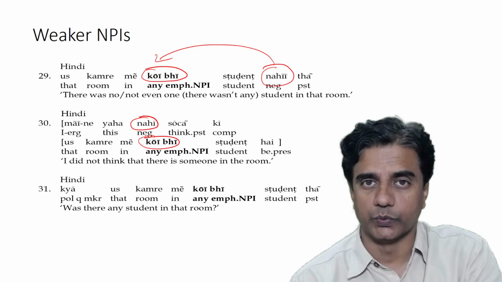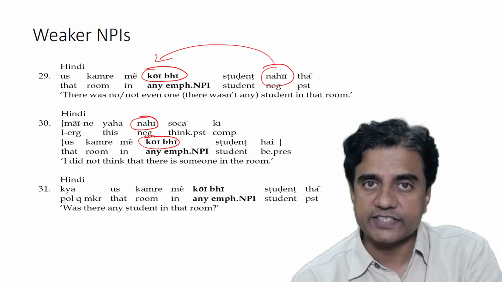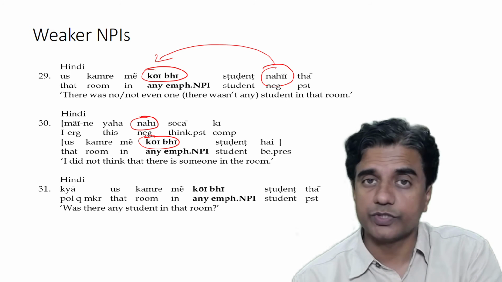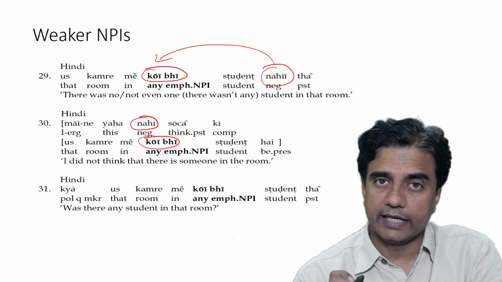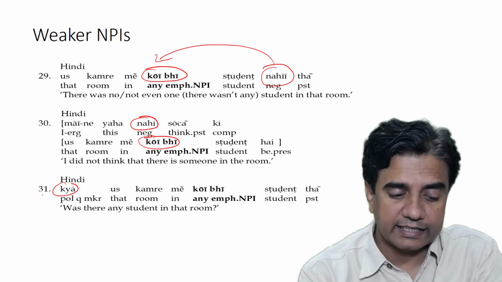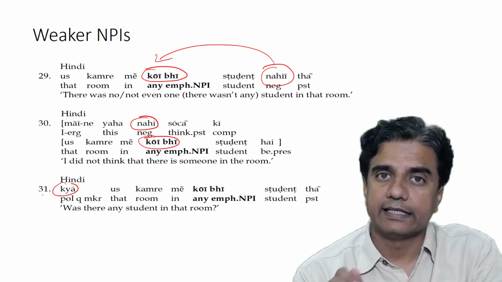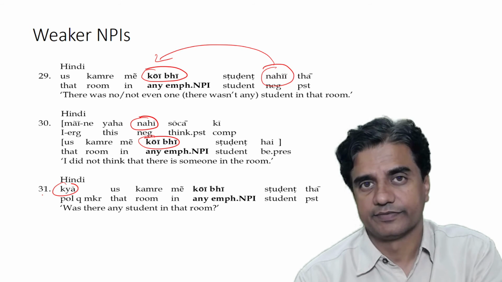What can we conclude? That this sentence is grammatical even in the absence of negation, which was not the case with strong NPIs, only because a context like a question can license weaker NPIs but not stronger NPIs.